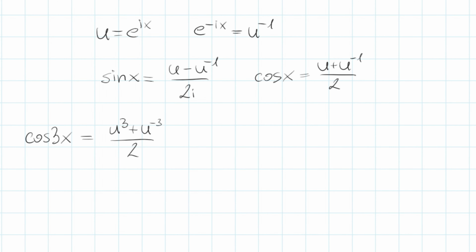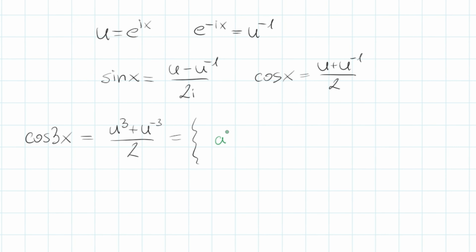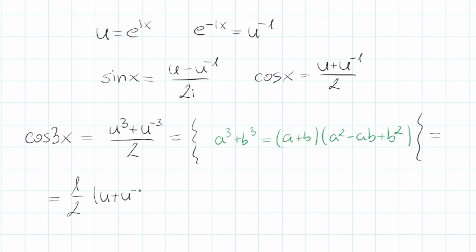The algebra we need here is a formula for the sum of cubes. a cubed plus b cubed is a plus b times a squared minus ab plus b squared. Apply this to the cosine. We get 1/2 times u plus u to minus 1 times u squared minus u times u to minus 1 plus u to minus 2.